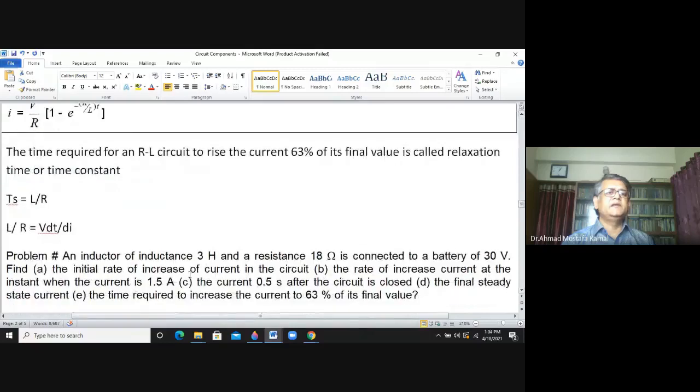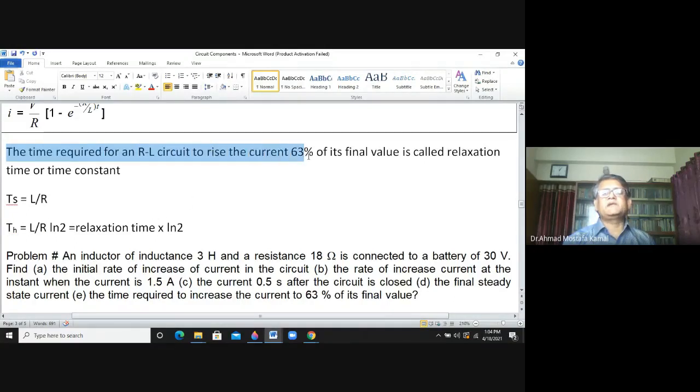So half-life is L by R into ln 2, relaxation time into ln 2. This is the time required for an RL circuit to raise the current to 50% of its final value. It is called half-life.